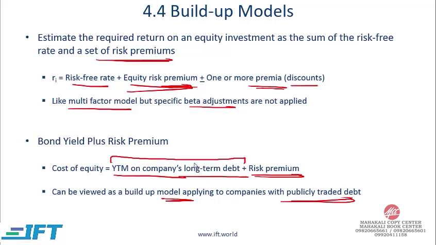And then let's say a given company has a YTM of 7%. We can then say that the risk premium of owning equity in this particular company is 3%. So the overall cost of equity is 7% plus this build-up of 3%, which is 10%.